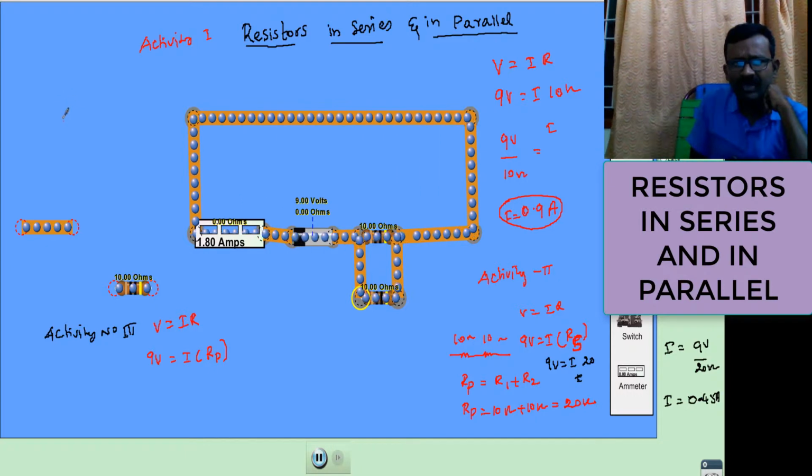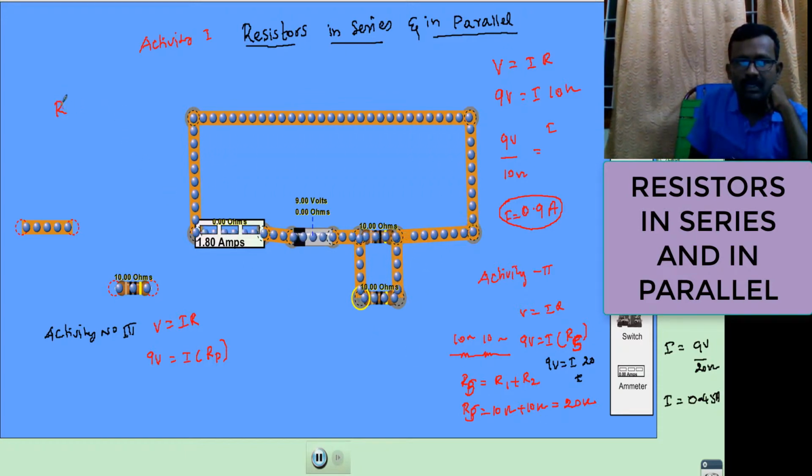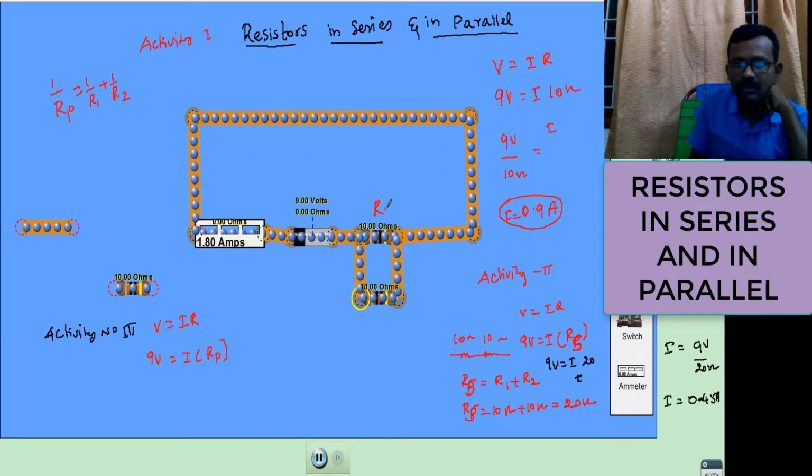What is the formula to find out RP? 1 by RP is equal to 1 by R1 plus 1 by R2. This is resistor 1, this is resistor 2.